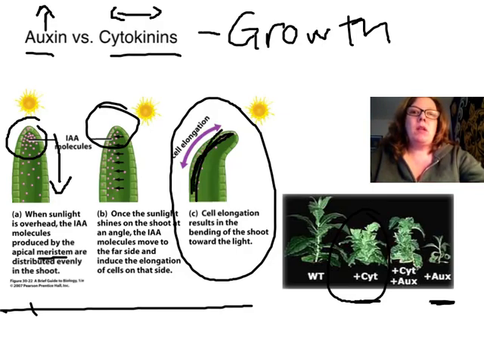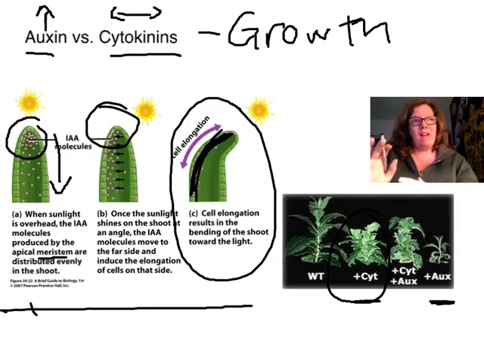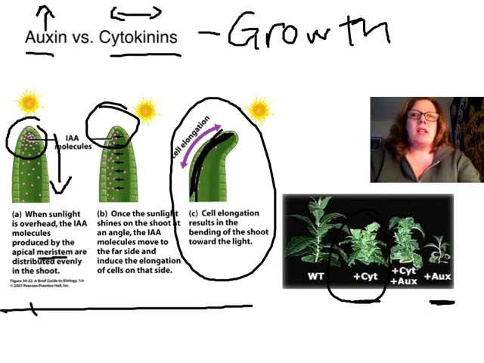The auxin is accumulating on this dark side of the stem, which is causing the cells on that side to grow just slightly longer than the cells on the light side over here, which means the stem starts to bend. So auxin is responsible for that.